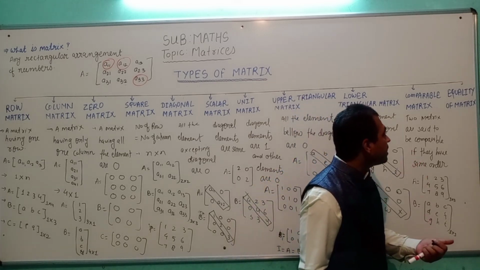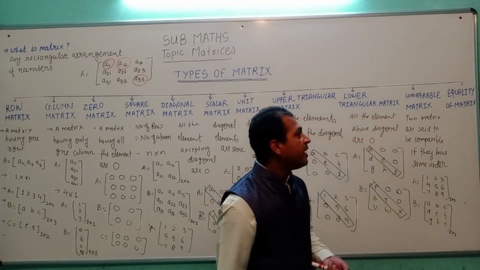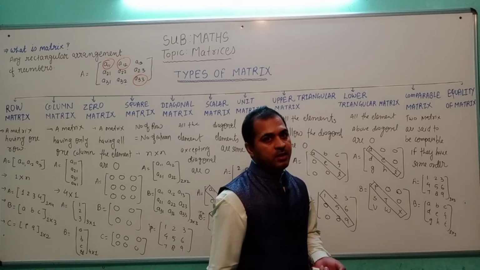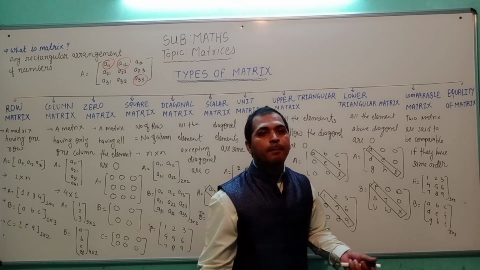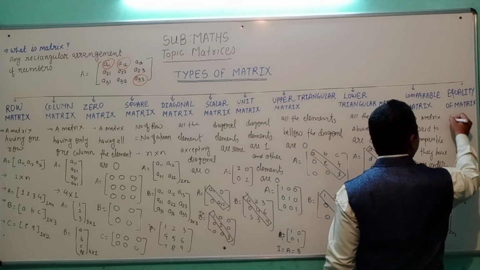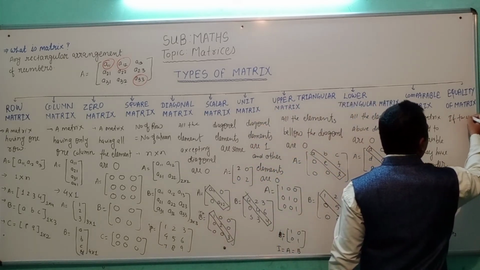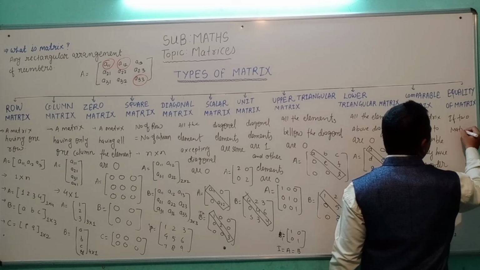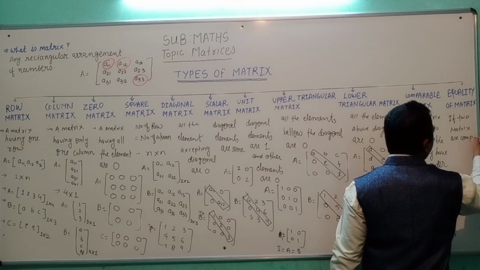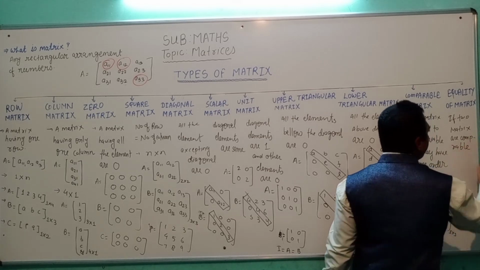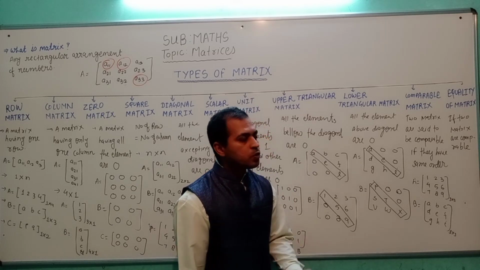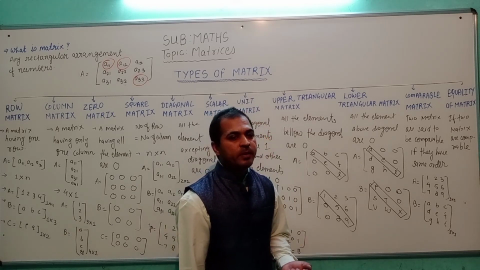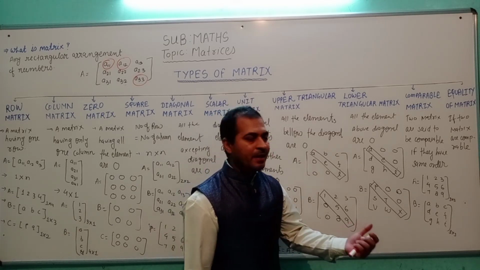And finally, let us move towards equality of matrices. Two matrices are said to be equal if the two matrices are comparable and their corresponding elements are equal.